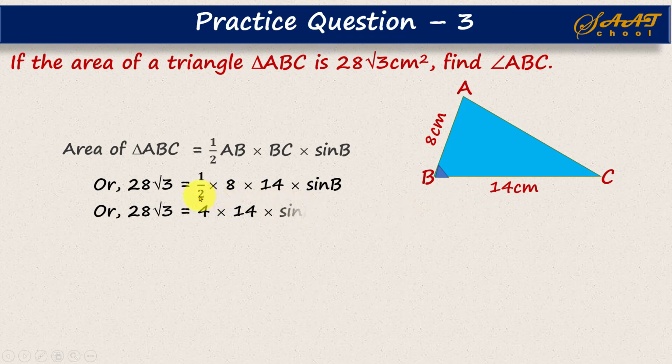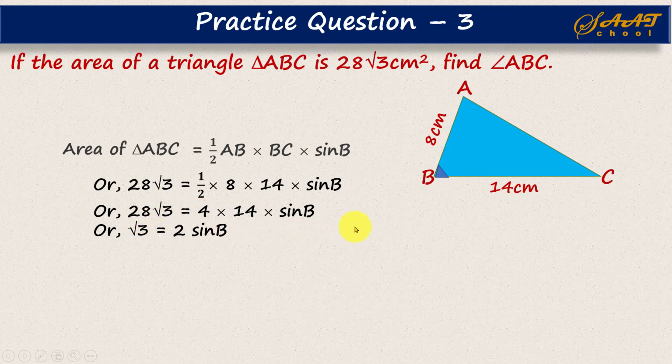You can cancel this 8 by 2, which is now 4, and then this is 56. Now if you cancel this 56 by 28, then there will be 2. So you get root 3 equals 2 sin B.